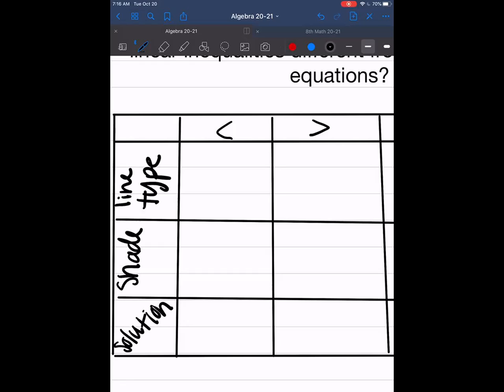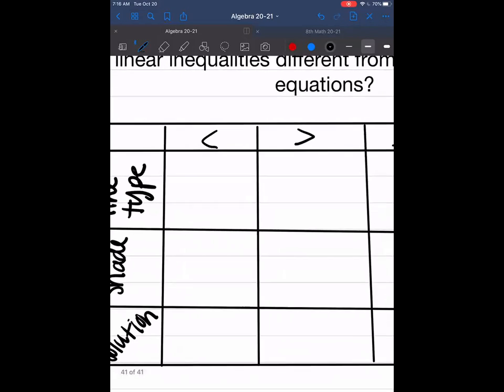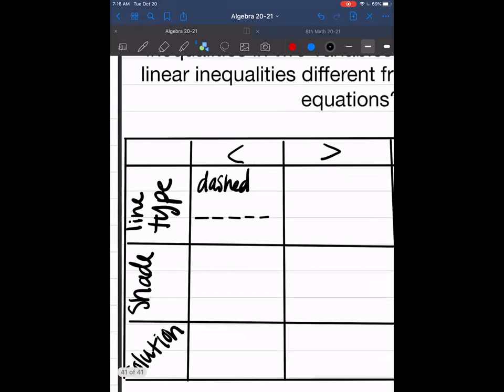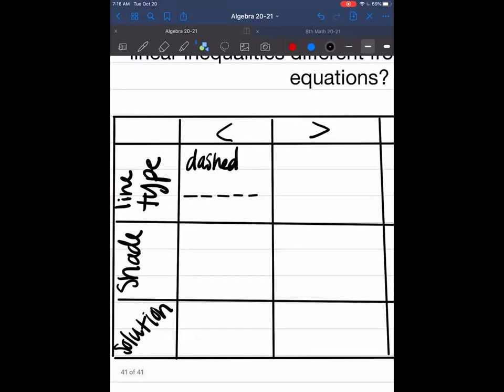So the line type for our sign of less than is going to be dashed. And that looks like just a dashed line. And for our solution set, you're going to shade underneath the line.